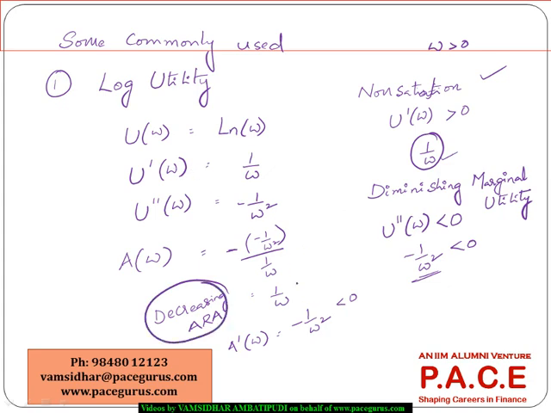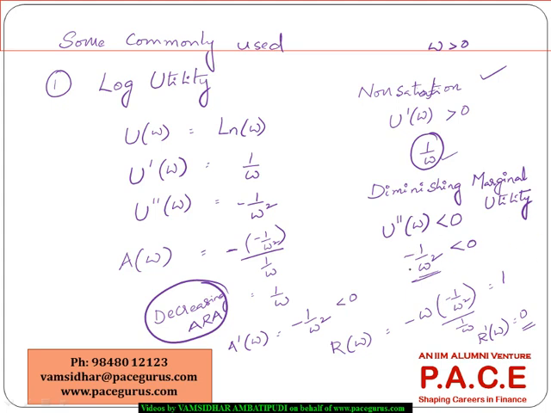Then what about relative? If I find R of W, the relative risk aversion, it is minus W times the second derivative divided by the first derivative. So this becomes 1. And R dash of w becomes 0, which is neither positive nor negative.